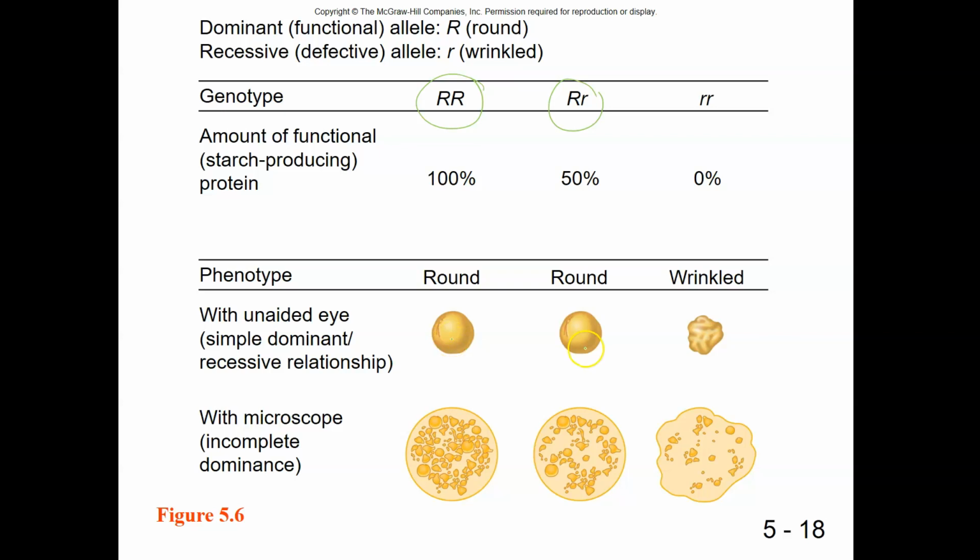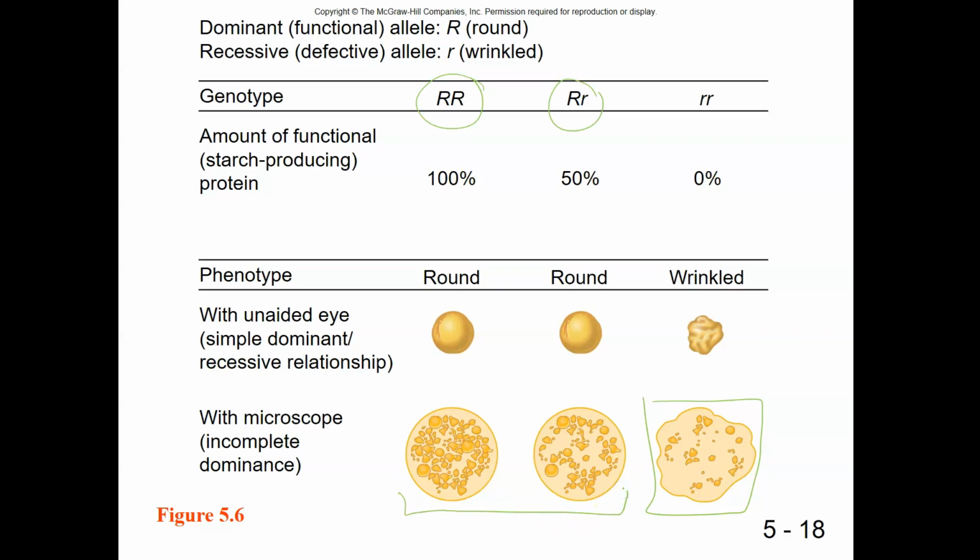Our phenotype is round for the dominant homozygous, and round for the heterozygote, right? Wrinkled for the homozygous recessive. It turns out the reason the homozygous recessive is wrinkled is because it contains a whole lot less starch than the round peas do.